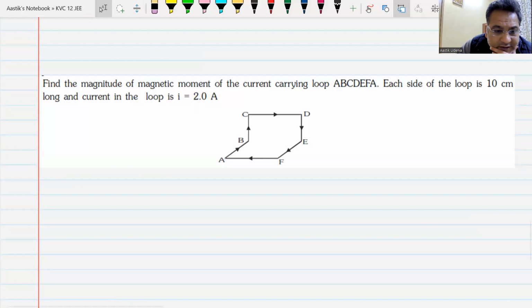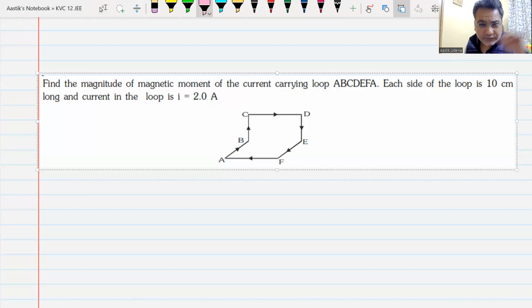A loop A, B, C, D, E, F, A is in the form of this loop. The current in the loop is 2 amperes. You have to find out the magnetic moment of this loop. I'll give you 2 minutes to give me the answer. Now is the time that I am going to solve this for you.